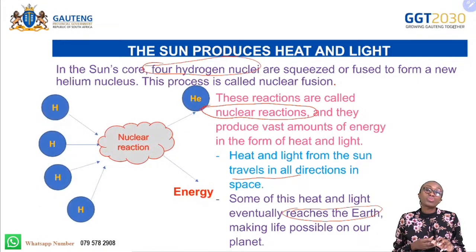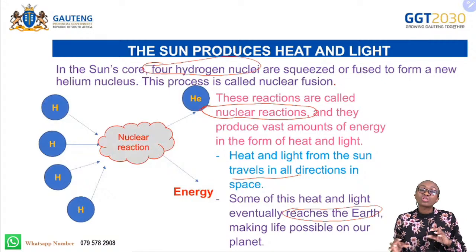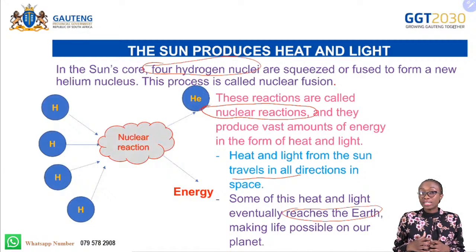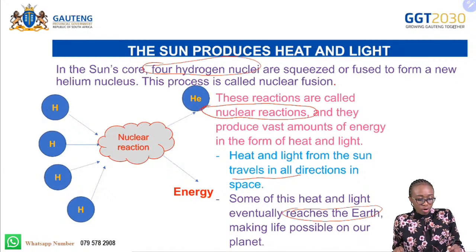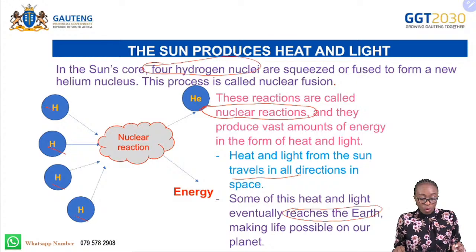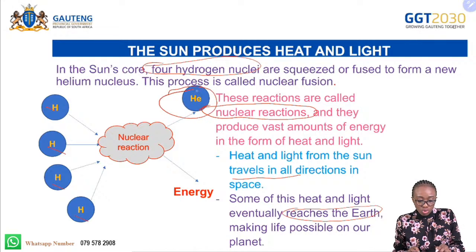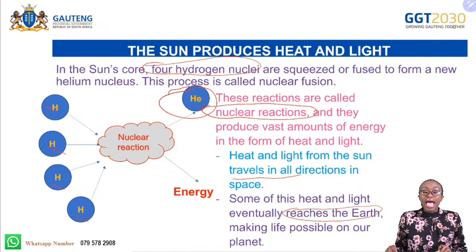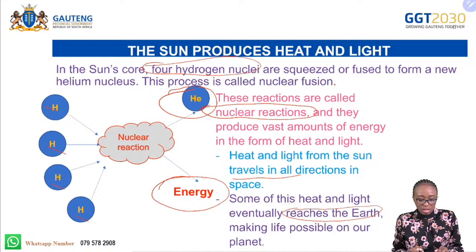I'm just going to pull up an illustration of what I mean by the fusion or the nuclear reaction. Okay, so we've got 1, 2, 3, 4 hydrogen nuclei. They are squeezed or fused together to form a new helium nucleus. And in this process, we still have a byproduct. What is that byproduct?